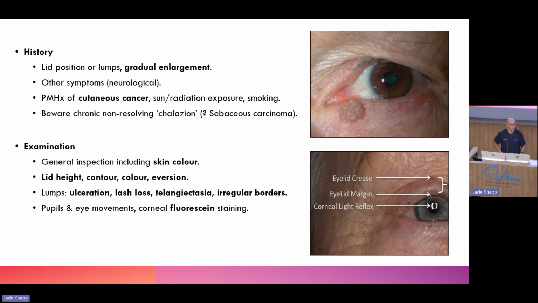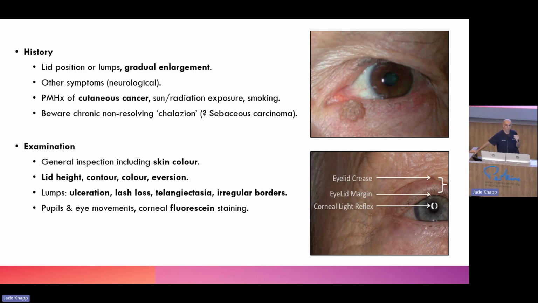And then don't forget pupils and eye movements. That's part of your neurological examination, particularly in the setting of a ptosis. That's where that's really relevant. So in a third nerve palsy and a Horner's, you'll get abnormal pupils, and in a third nerve, you'll also get abnormal eye movements, right? And then corneal fluorescein staining.